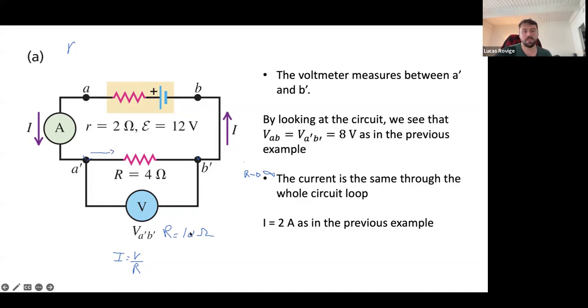But since there is some resistance here, but it's not massive, some current is going to flow there too. And actually you can retrieve what part of the current is going there and what part is going there based on the resistance, because they have the same potential difference.